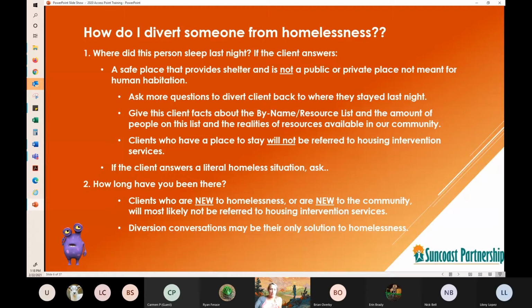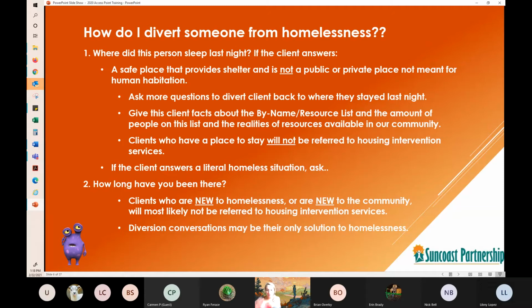I know it feels sometimes when we're having these diversion conversations that you aren't helping, but it is helping the client and the system. Otherwise, telling them that, oh yeah, we have a list, you just have to wait on it, well, that's giving someone false hope, because that list is over 300 people long, and we only have enough housing and resources for maybe a third of that list annually.